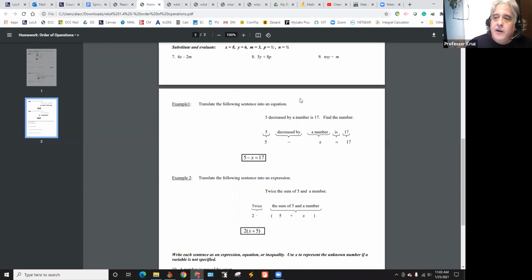And just keep an eye out that they give you 5 different variables, but they may not use all of them in the same one.